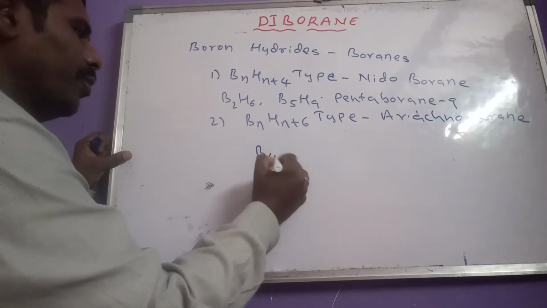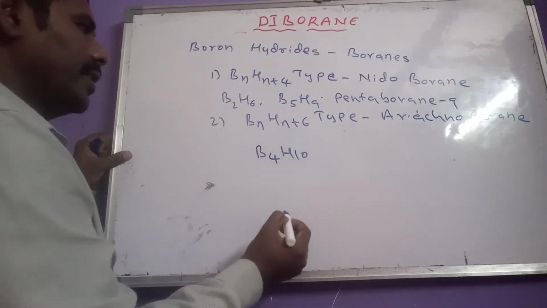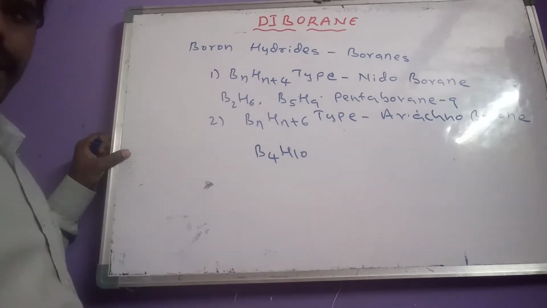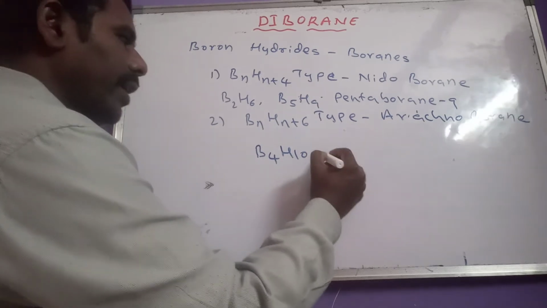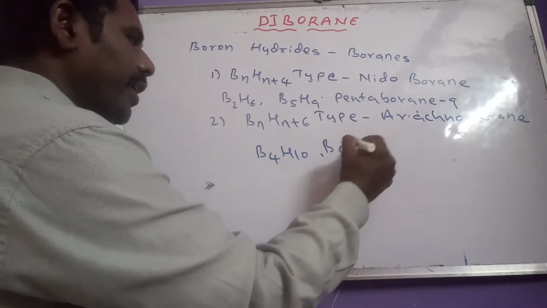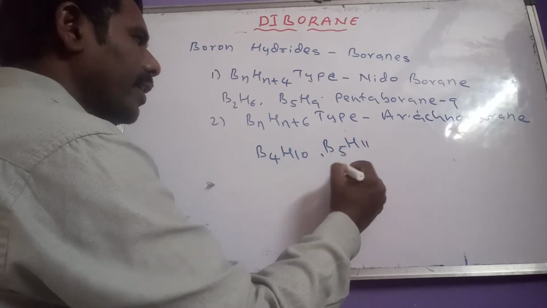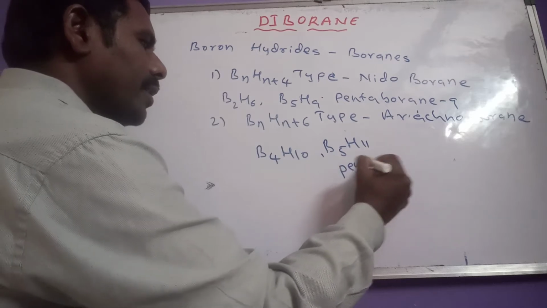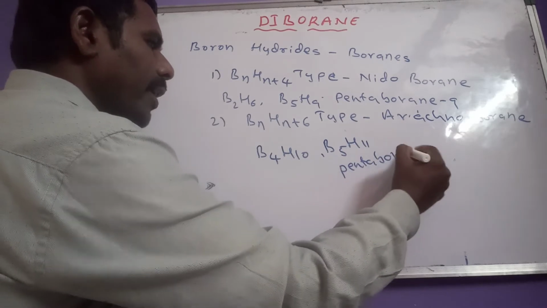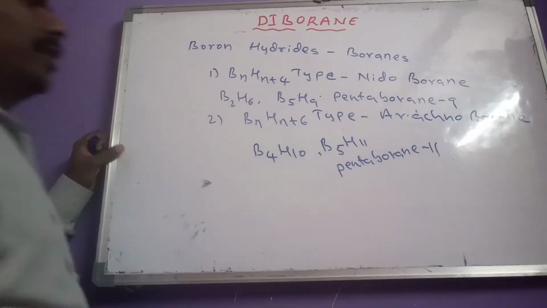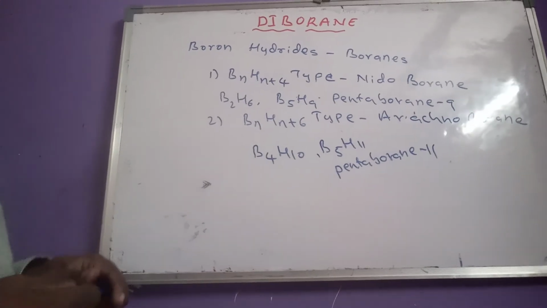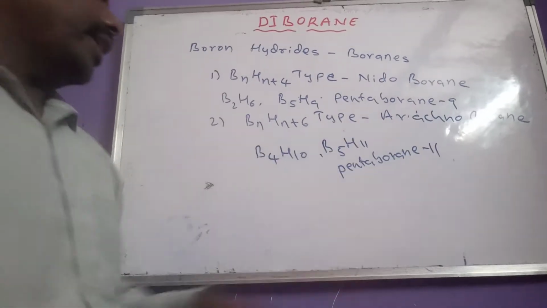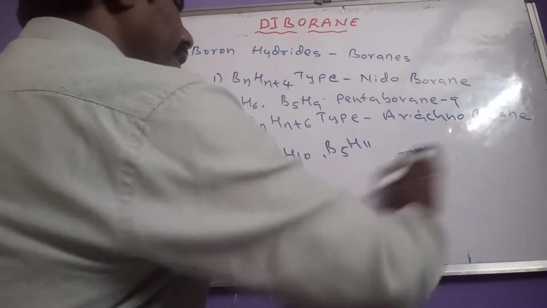Now come to the second type here. First example, B4H10, known as tetraborane, and another one, B5H11, it is known as pentaborane 11. Now I think we come to know why that 9 and 11 are given here.